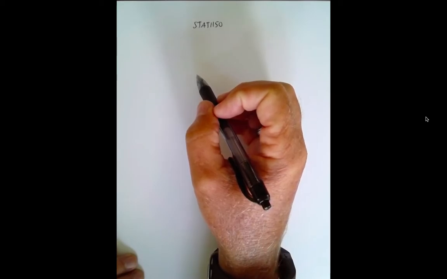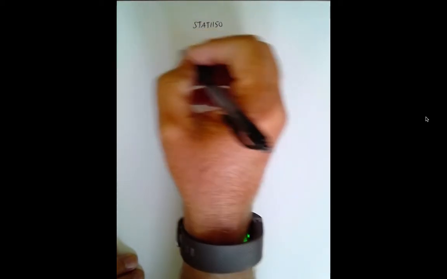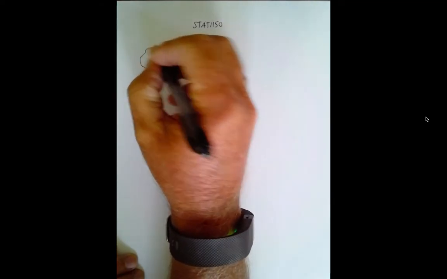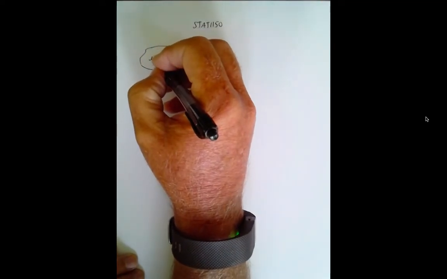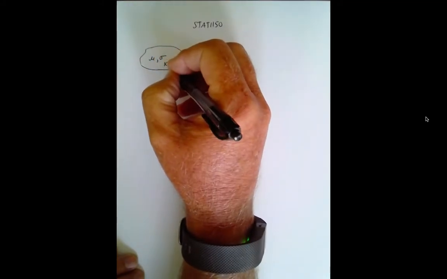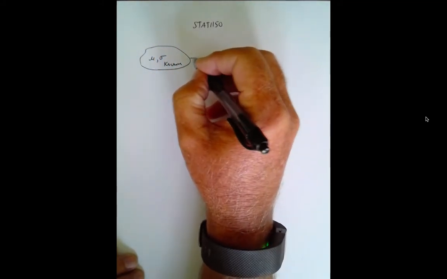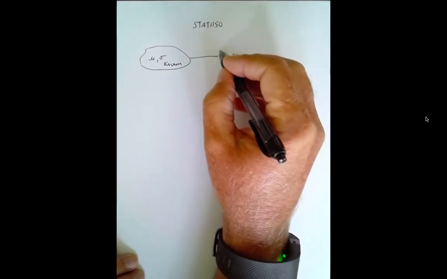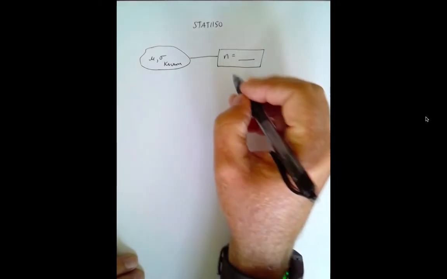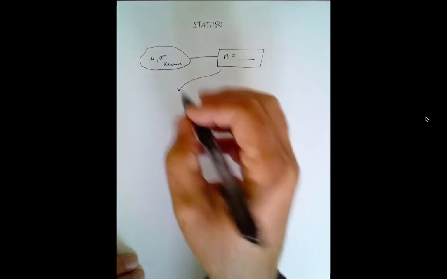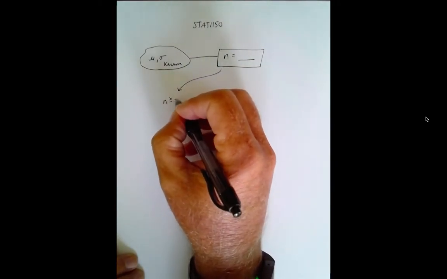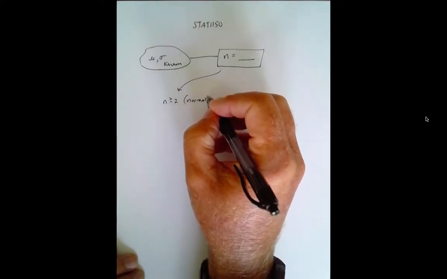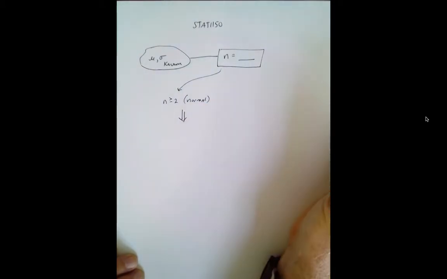So first thing I want to do is let's just revisit the central limit theorem. You begin with a population where the mean and the standard deviation is known. You choose your sample size, and if that sample size is greater than or equal to 2 and you have a normal distribution, then you proceed.